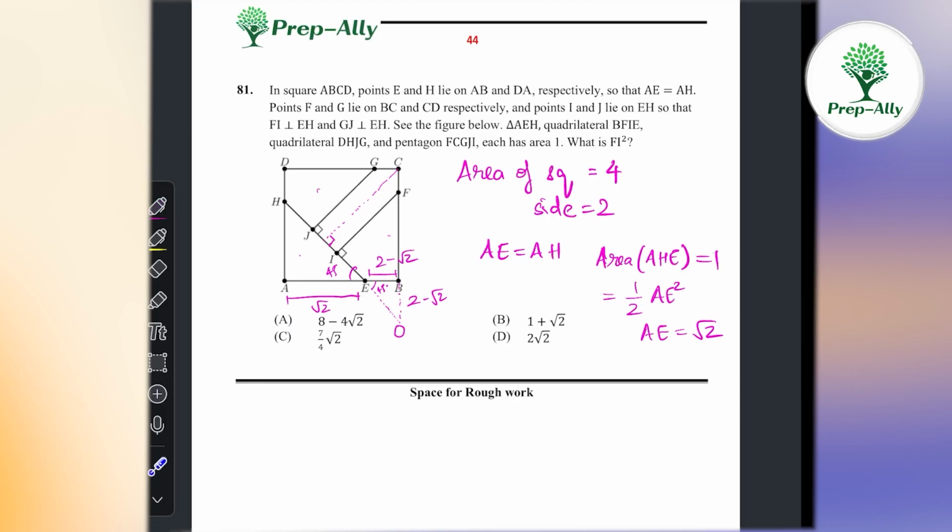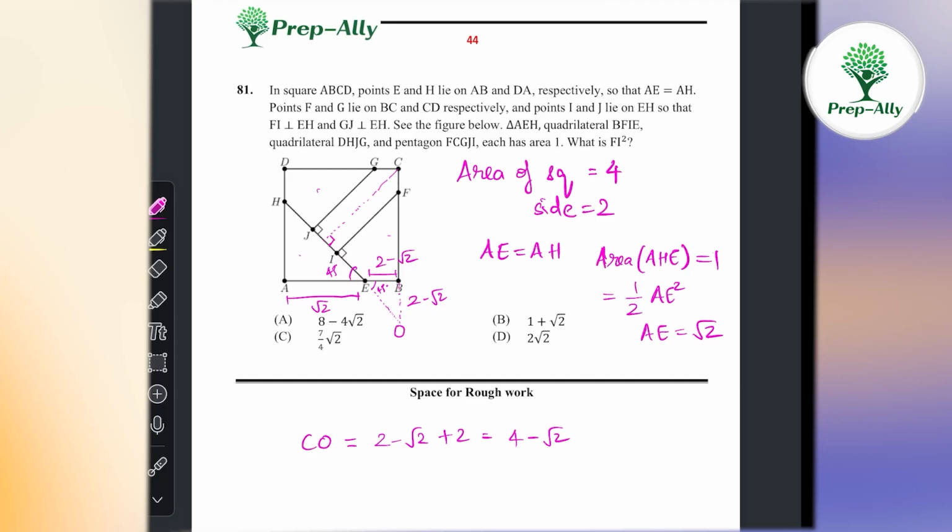And what is this whole length? CO. So CO equals 2 minus root 2 plus 2, which is 4 minus root 2, right?